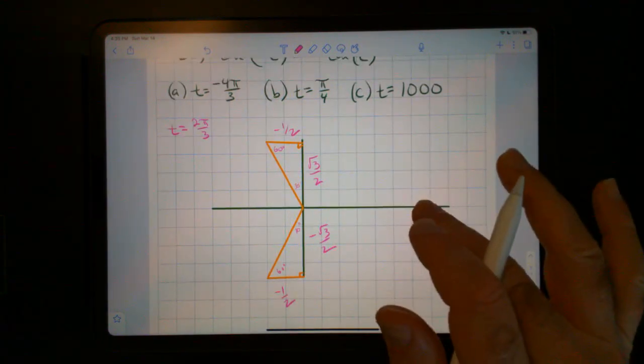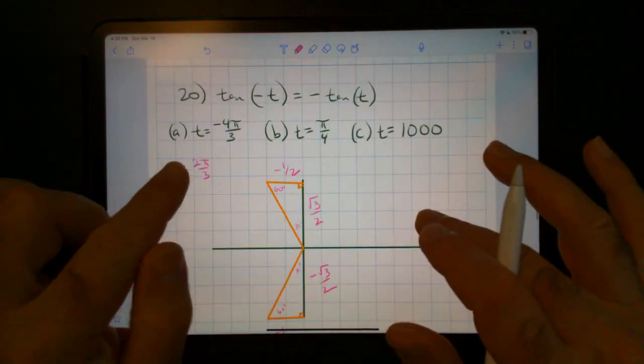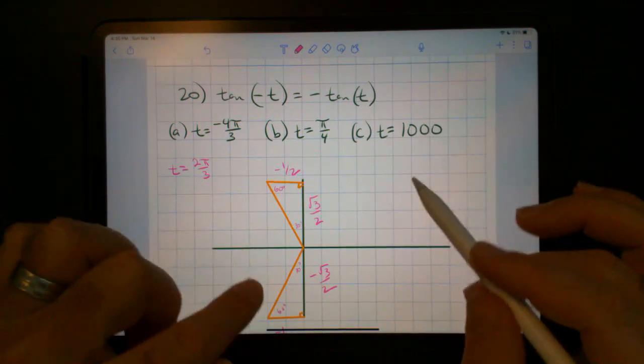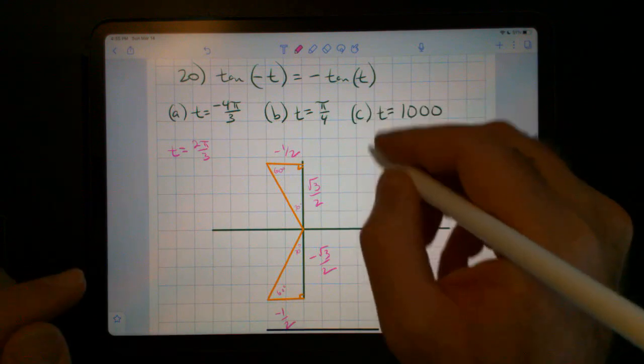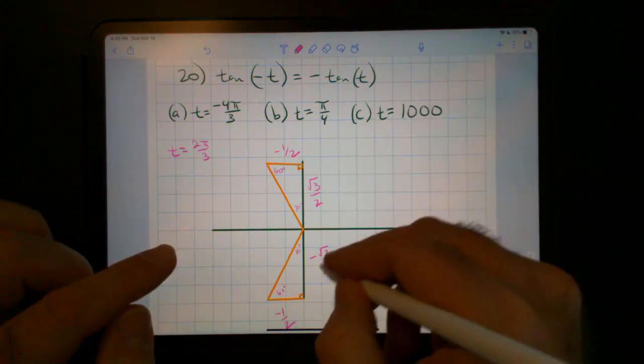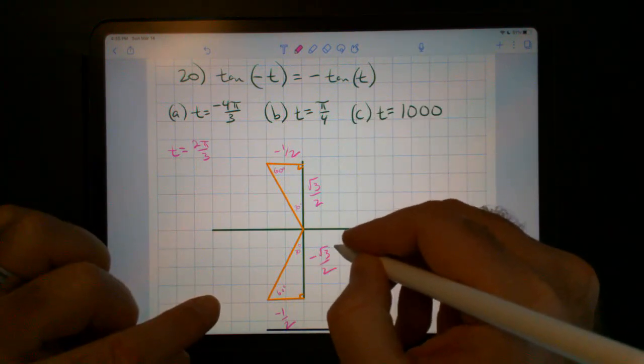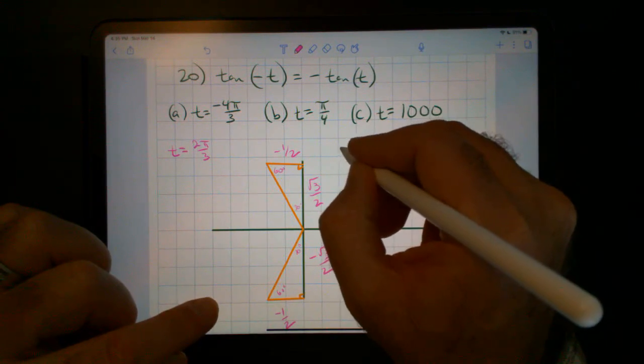Okay. So that tangent of negative 120 is going to be radical 3.